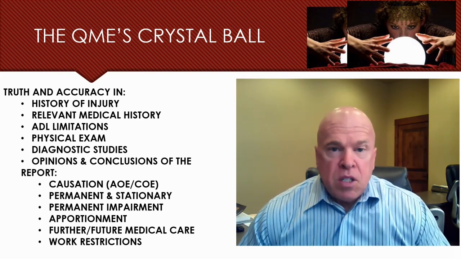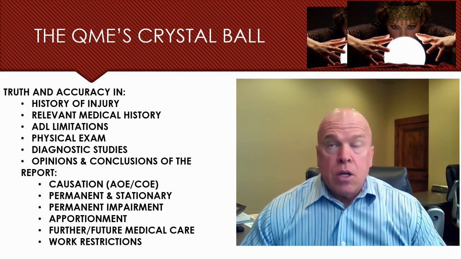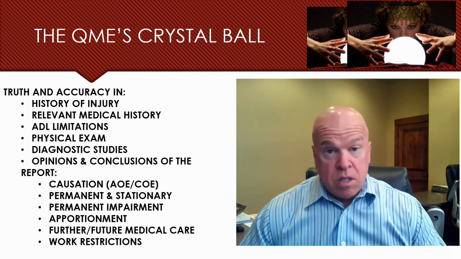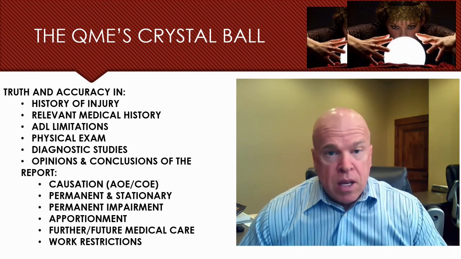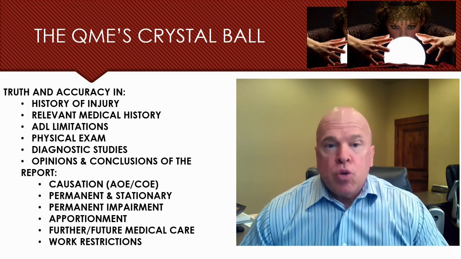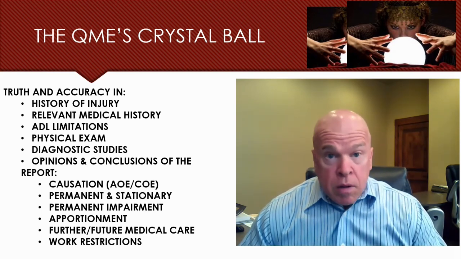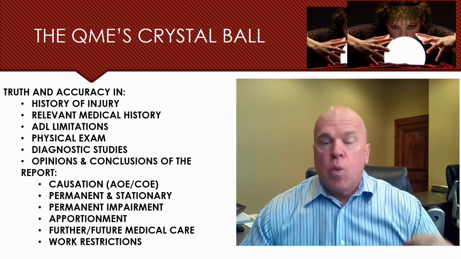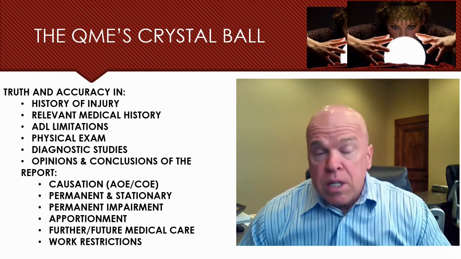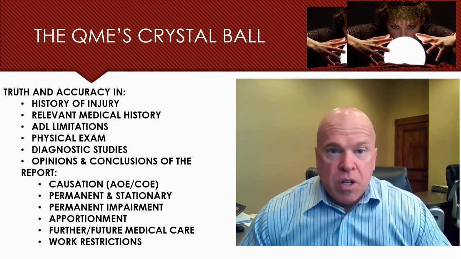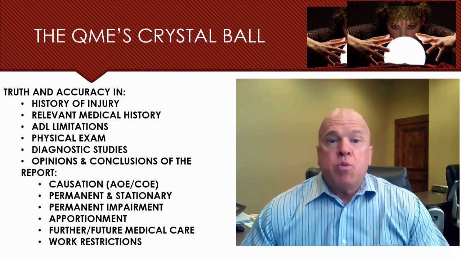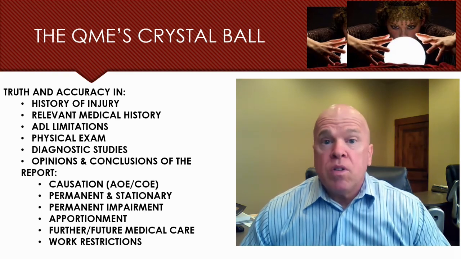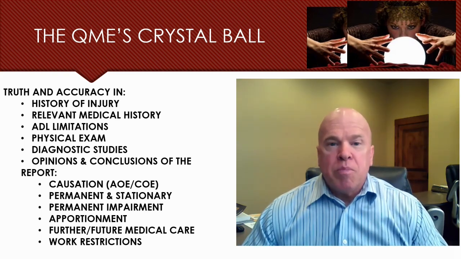The philosophy of this series is all about obtaining truth and accuracy in the qualified medical evaluation itself and in the qualified medical evaluator's report. And truth and accuracy is necessary because all of the parties, whether we be considering the injured worker, the applicant attorney, the defense attorney, perhaps the claims administrator, and perhaps even the most overlooked and most forgotten party involved in each of our cases, and that is the employer.